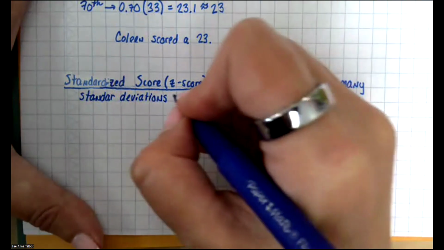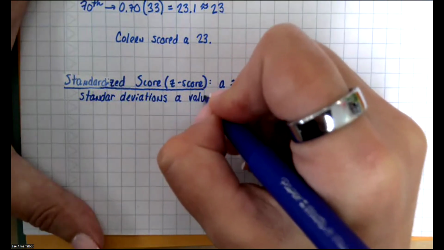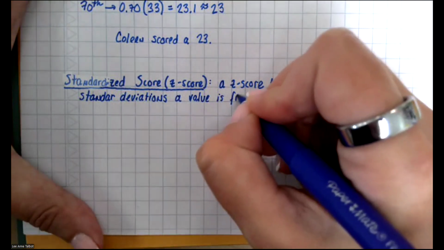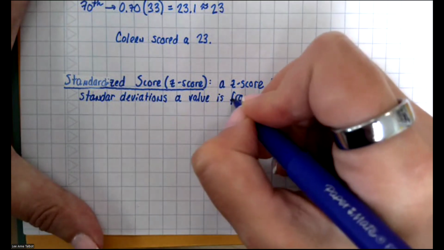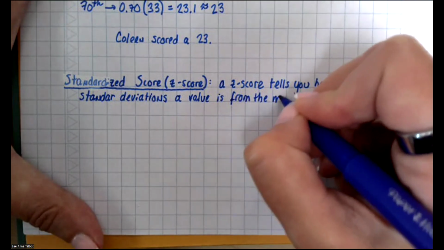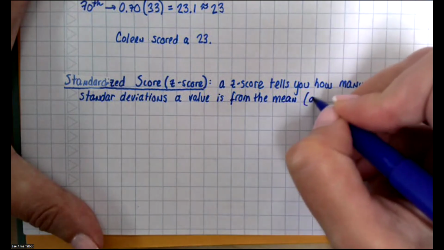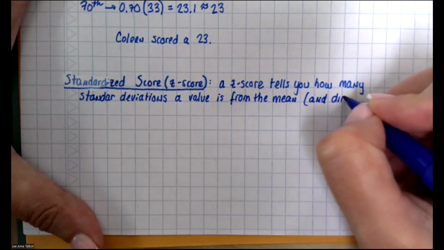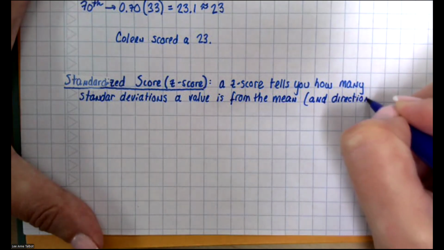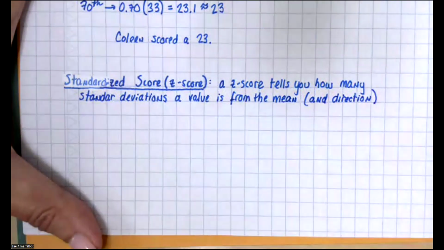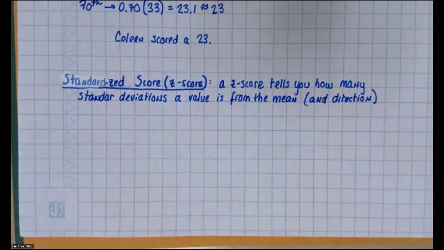So if you have a value that is above the mean, if you scored above the class average, you would have a positive Z-score. And if you scored below the class average, you would have a negative Z-score.